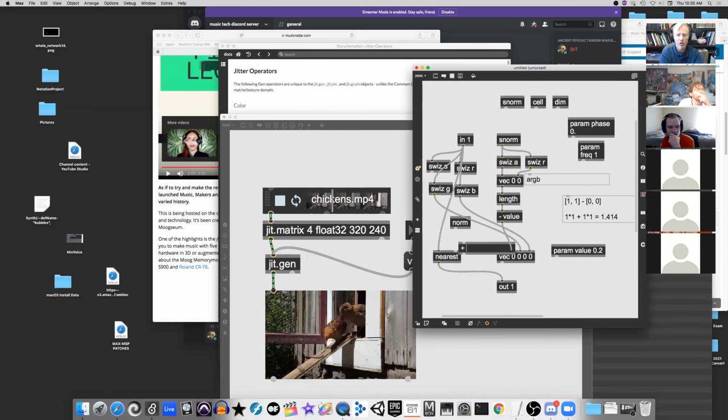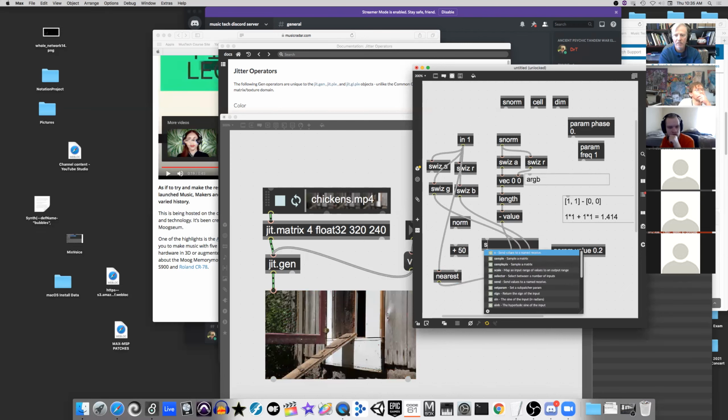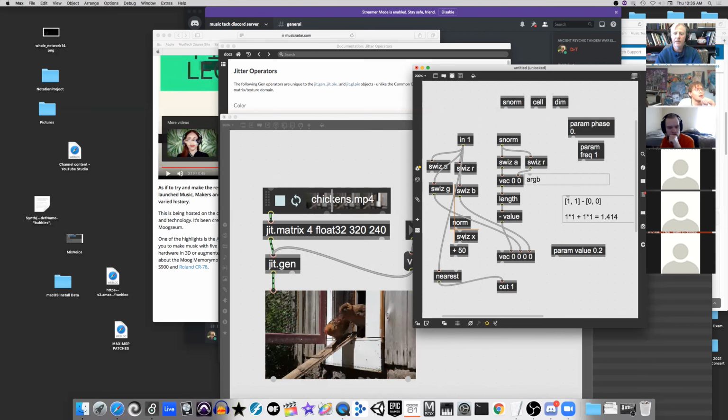So what if we said, well, plus 50 on the x, let's say. Remember that our norm has these 2 dimensions. Shouldn't it be plus 0.5? Oh, sorry, yeah, plus 0.5, because this is between 0 and 1. So that's halfway across. So I'm going to swizzle out this x, add this, and swizzle out the y, and just keep the y the same.